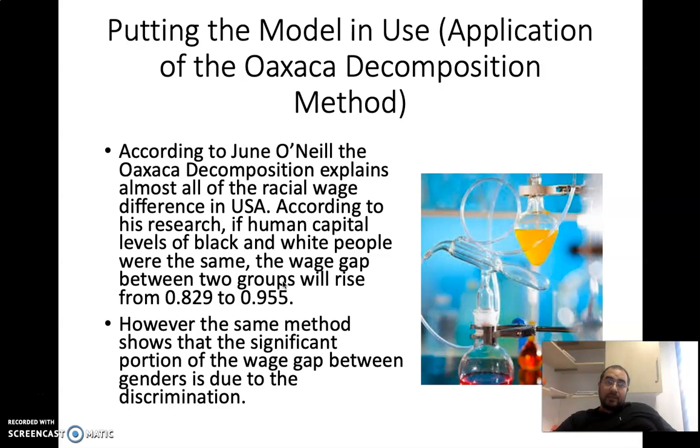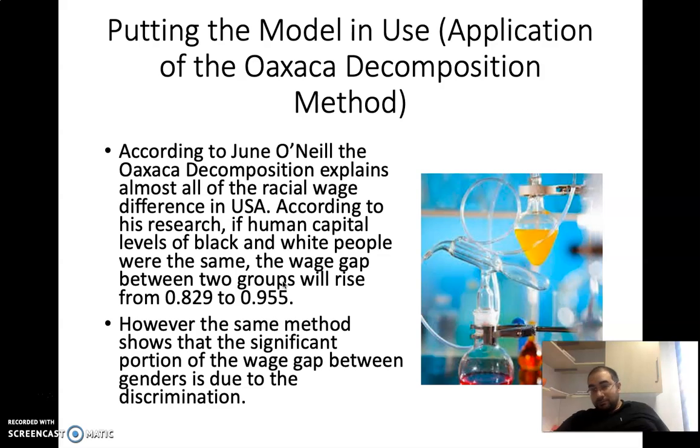So when the Oaxaca decomposition method was applied to the black and white differences, in the previous data you have just seen the differences. Actually, the wage gap between the two groups has decreased from 0.829 to 0.955.